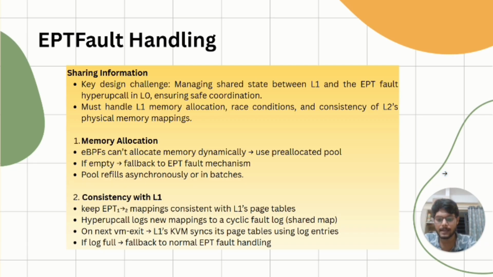If that pool becomes empty, the system falls back to the normal EPT fault handling mechanism. The pool is refilled either asynchronously or in batches by L1. To maintain consistency, new mappings are logged into a cyclic fault log, which L1 later reads to synchronize its page table. If this log becomes full, the mechanism again falls back to the default path.